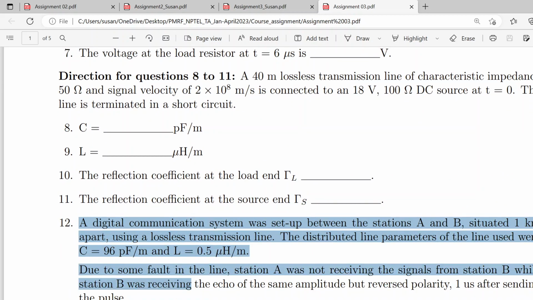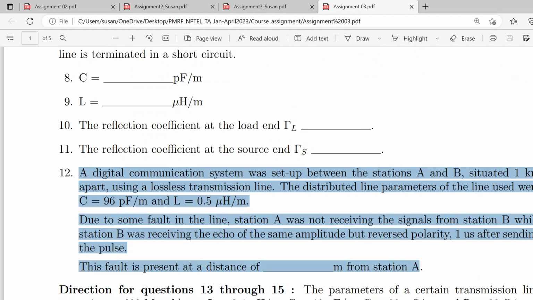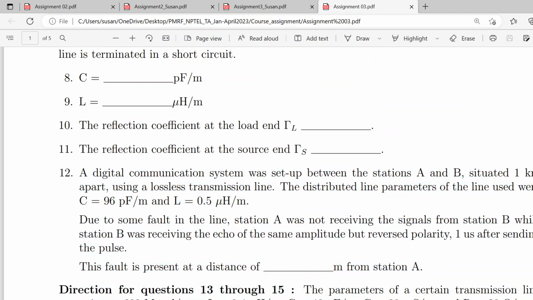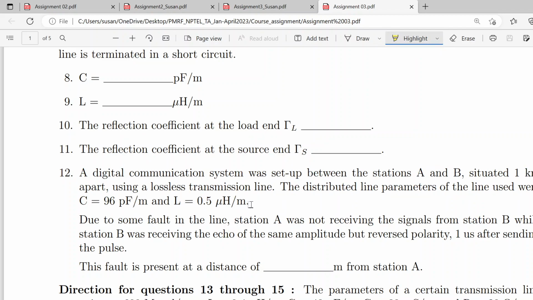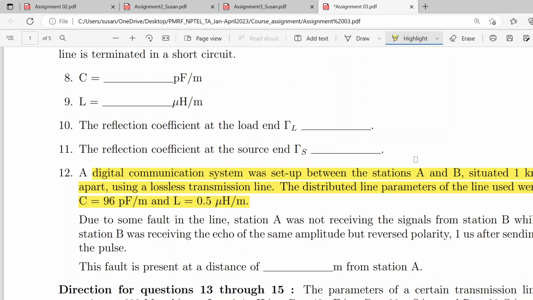So we are going to discuss this question, that is the 12th question. Probably I'll highlight the question so that you know what we are discussing.